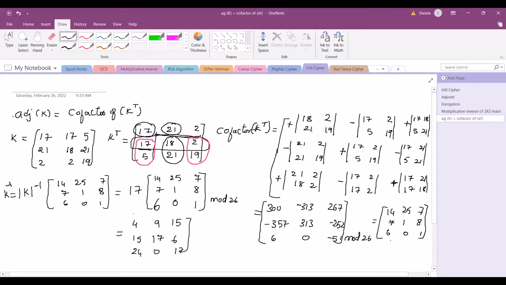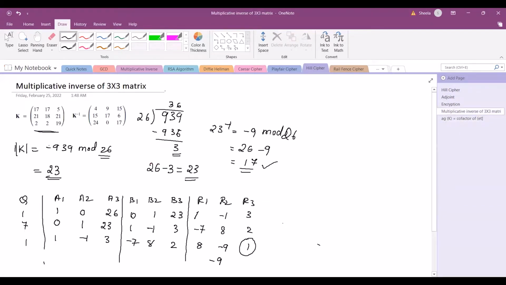So this is the K inverse we are going to get. And in the first part, I have taken the inverse matrix just for reference. Here we can observe that whatever we have found out and whatever is given, both are the same. So using this, we can perform encryption.